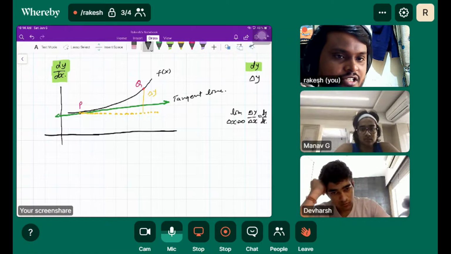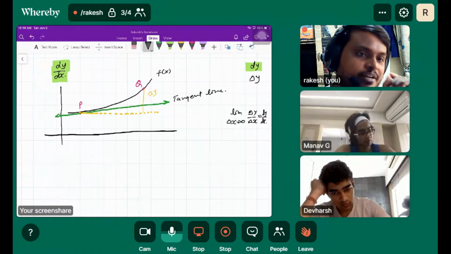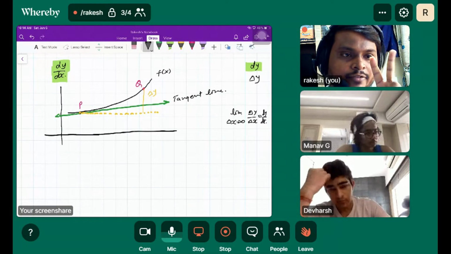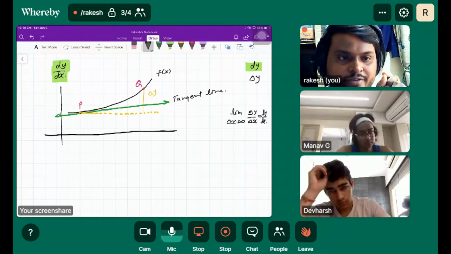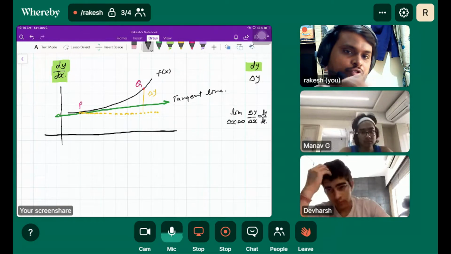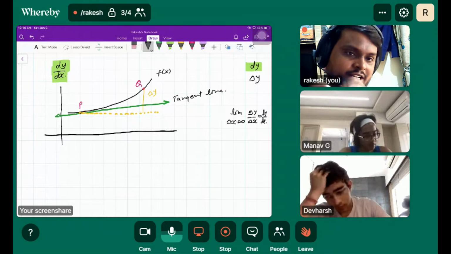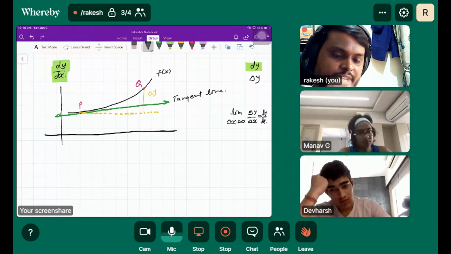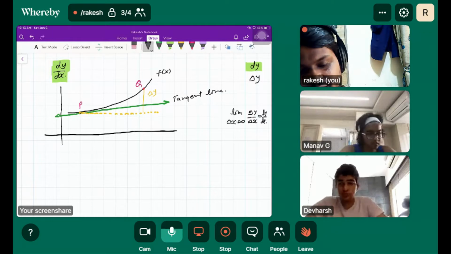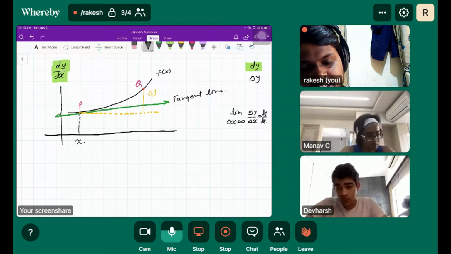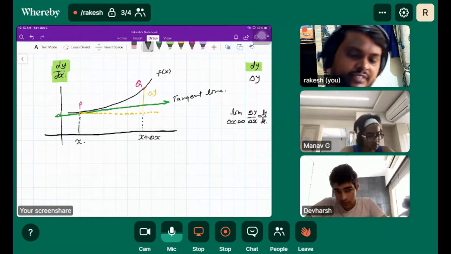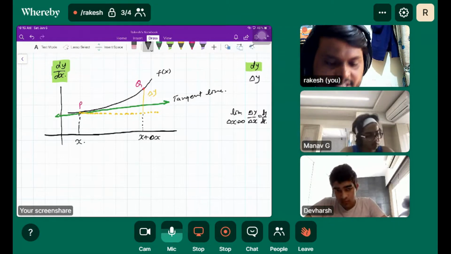We know that delta x can't be zero, which means we will always have two distinct points. We cannot pull Q to P directly. See, P is x, and if you extend this, this is x plus delta x.